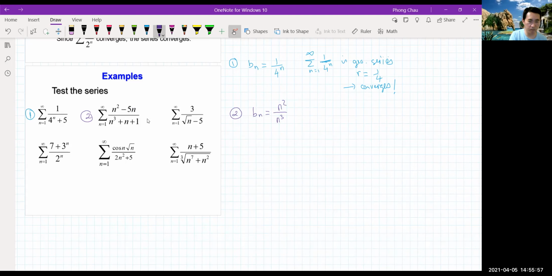And 1 is much smaller than n cubed. You simplify, that becomes 1 over n. And therefore, the series that you're going to compare with would be 1 over n, n from 1 to infinity. Again, this one we know diverges because it's the harmonic series.